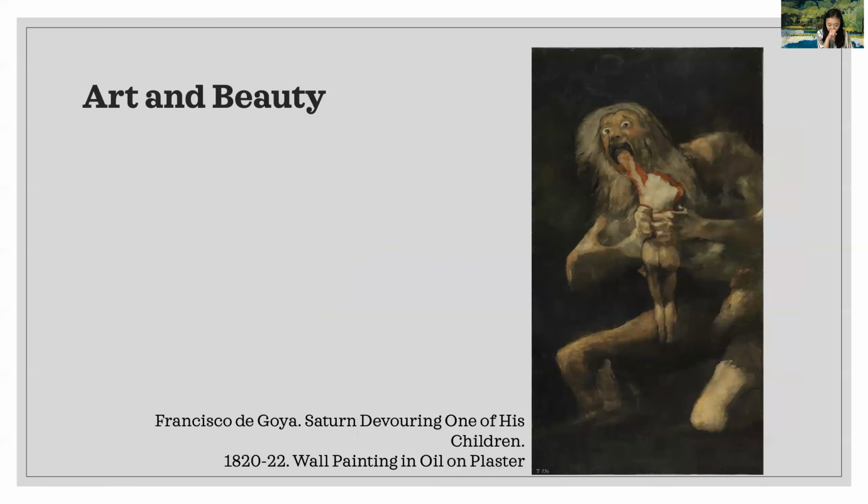And here's another example. What kind of feeling do you feel from this painting? Looks a little bit creepy, right? This is Francisco de Goya's painting, Saturn Devouring One of His Children.